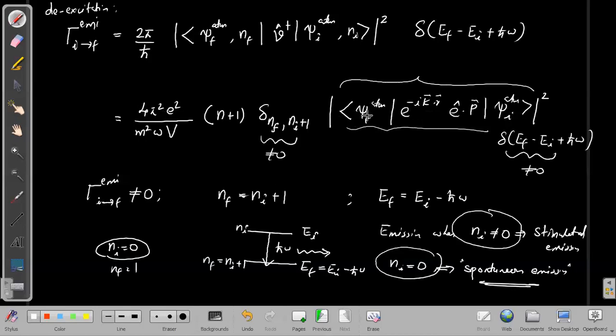But the condition for this particular inner product to become non-zero is not very straightforward. We have to use an approximation, and the approximation we are going to use is called the dipole approximation. That will be the last session of this time-dependent perturbation theory: the transition rate with the dipole approximation.